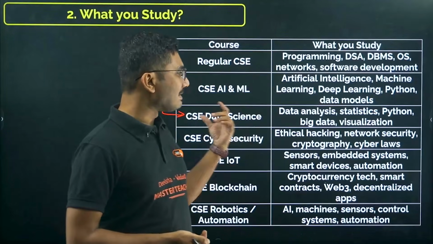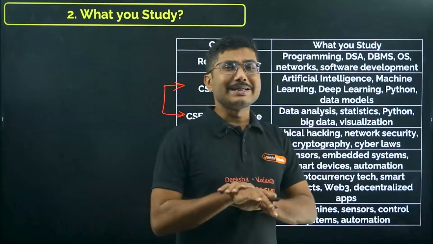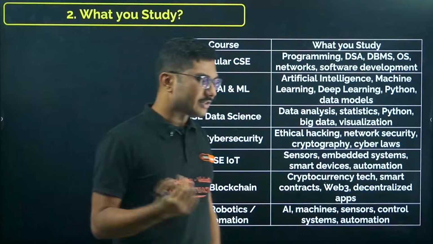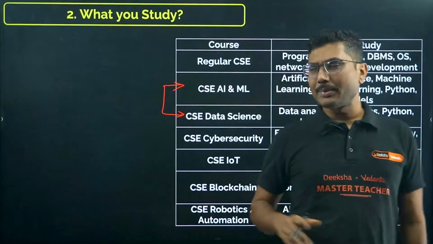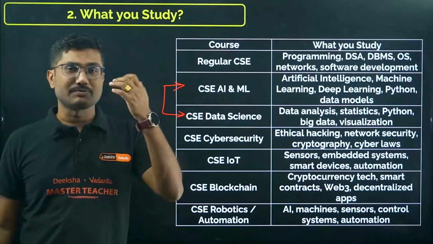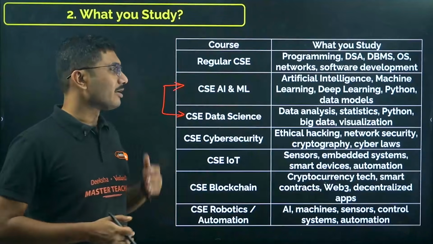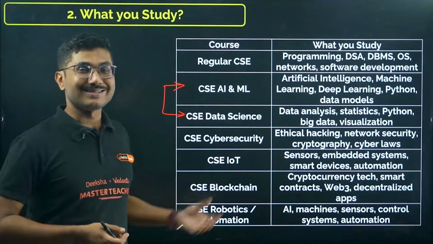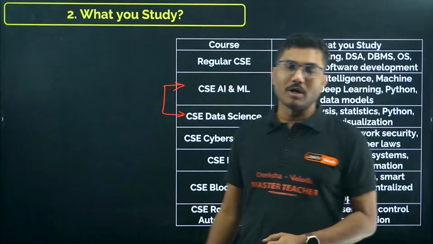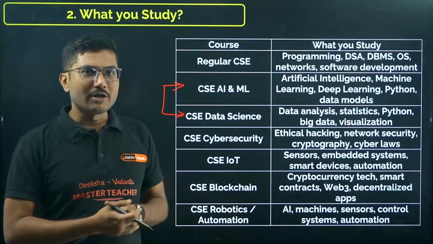IoT is basically sensors, embedded systems, smart devices, automation. It is basically the way you interact with your smart devices, like smartphone, laptop, PCs. That's how the Internet of Things comes into the picture. Sensors, how everything happens automatically. You look into your mobile phone and the screen unlocks. This is a kind of IoT.